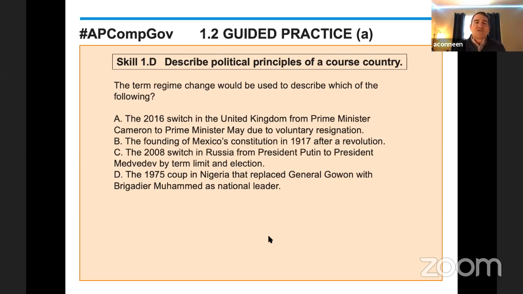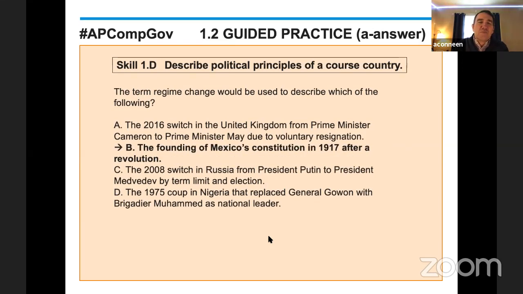So the term regime change will be used to describe which of the following: a 2016 switch in the United Kingdom for Prime Minister Cameron to Prime Minister May, the founding of the Constitution in 1917 in Mexico, the switch from Putin to Medvedev in 2008, or the coup in Nigeria in 1975. So which of the following would be a regime change? I threw a curveball in there. So we'll see what the answer is, and B is the answer.